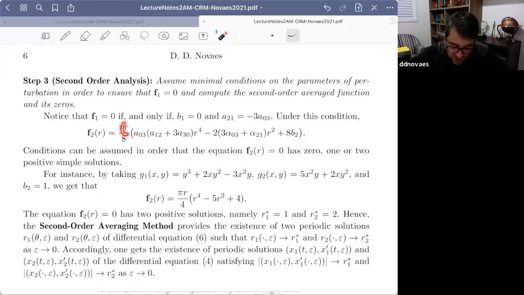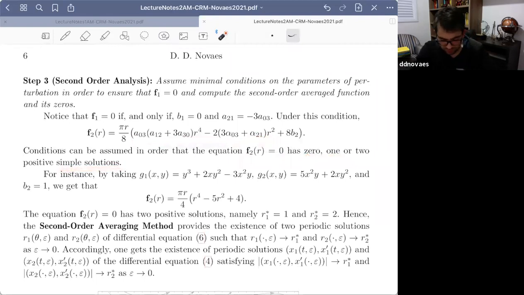So we have R that multiplies this factor, and this factor is what we call a biquadratic function because it's a quadratic polynomial in R squared. Then we can impose the conditions so that the equation f2 equals 0 has 0, 1, or 2 positive simple solutions.